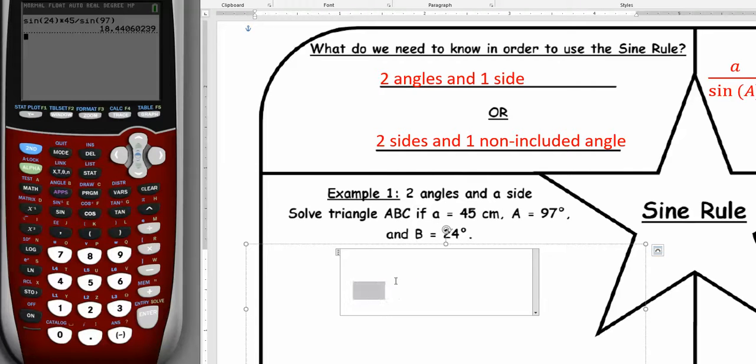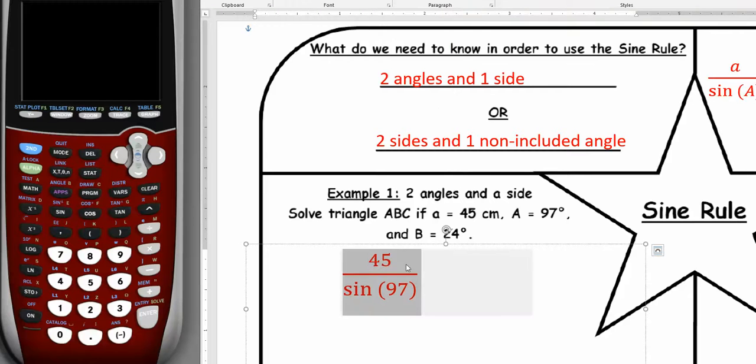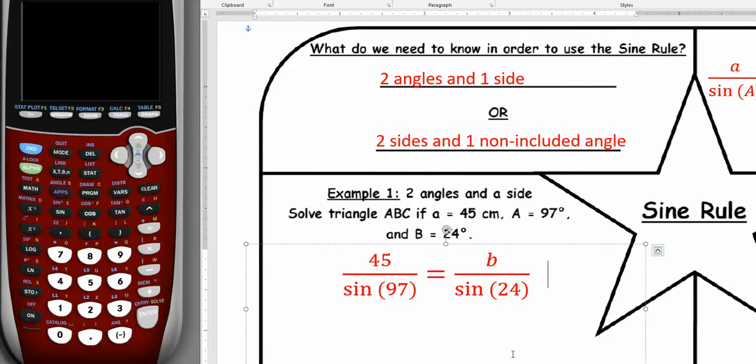So I start off with the first ratio, and that is little a over sine of big A. That's going to equal, well, I'm solving for little b, but I don't know anything about it, so that's little b over sine of 24 degrees. So there are my two ratios. I have an equation. Now it's just a little bit of algebra, and we can solve.